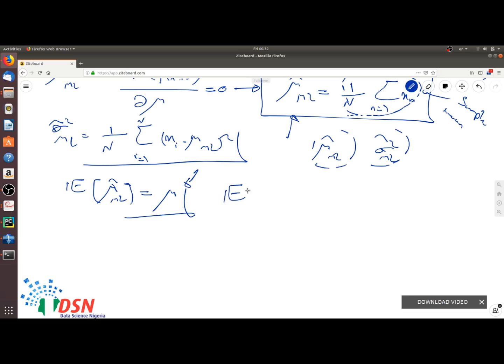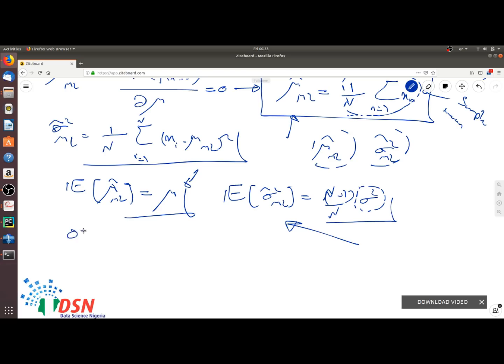But if we calculate the expected value of sigma squared estimated with maximum likelihood, you will end up with this. So you could see that the maximum likelihood estimation underestimates the real parameter.